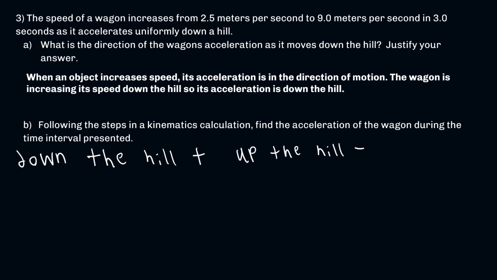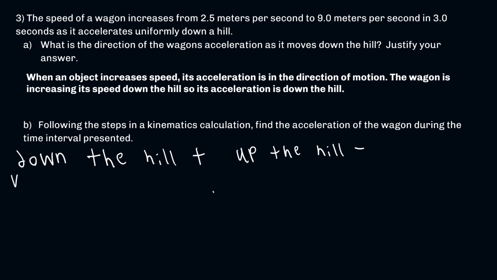We are considering the motion of those 3 seconds, because it says during the time interval presented, when I increase my speed from 2.5 meters per second to 9 meters per second. So let's write our kinematics chart now.